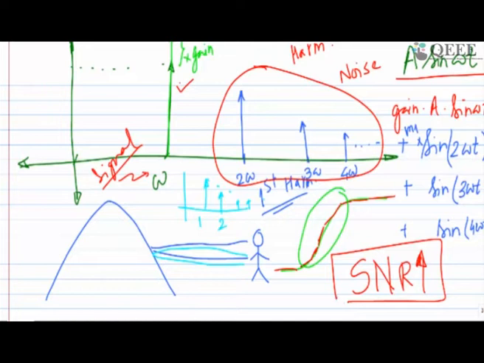In differential, what we are doing is removing all the even harmonics. So now these points are 0. Similarly 6 omega, 8 omega, all are 0.